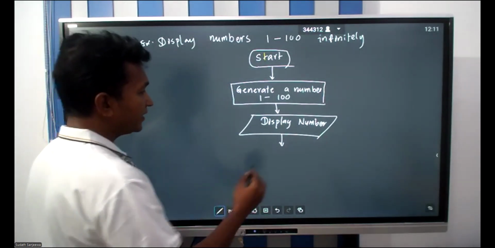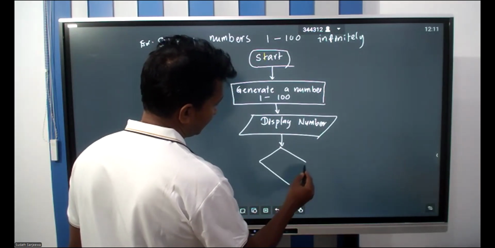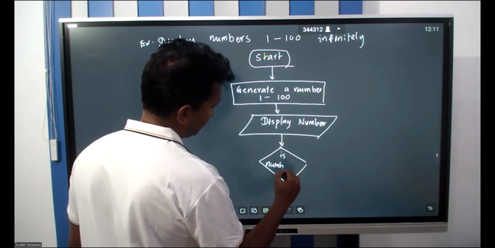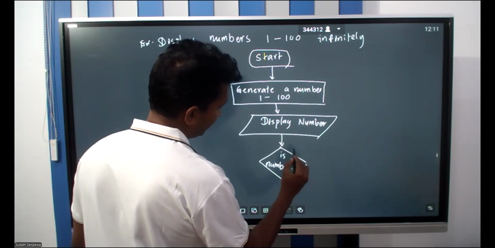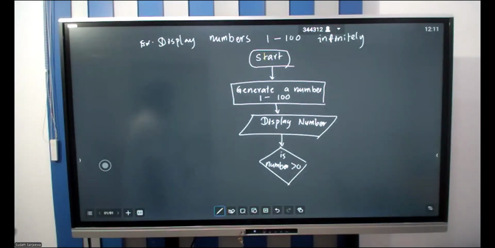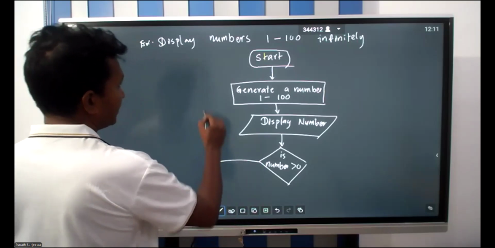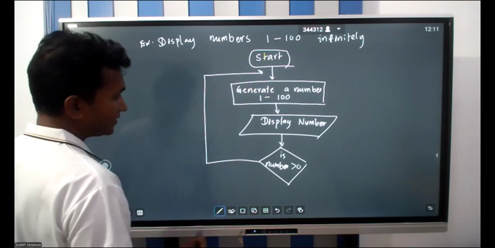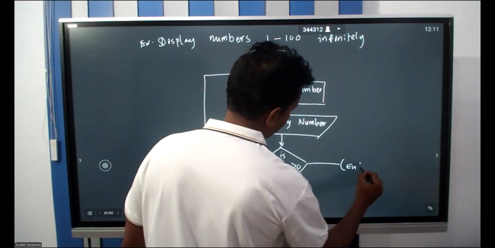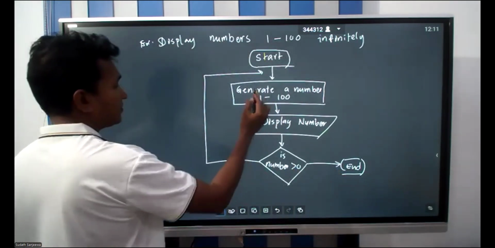And we are going to check whether the number is greater than 0. Yes, then again generate, else end the program.